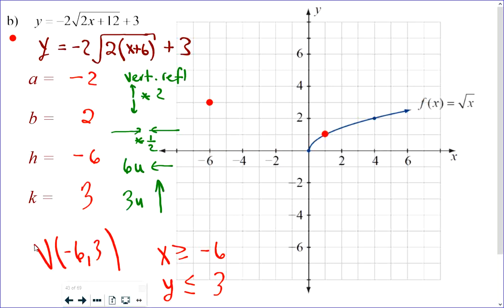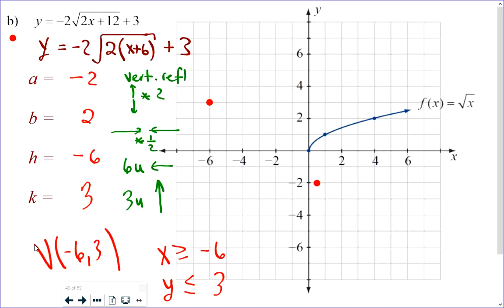I take this point and I reflect it vertically, which means it's now going to be 1 below the x-axis. I stretch it vertically by a factor of 2, which means it's going to be twice as far away from the x-axis. I stretch it horizontally by a factor of a half, which means it's going to be here.